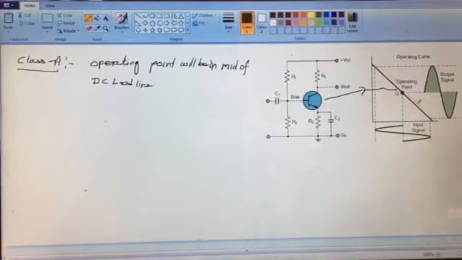See, this red line is representing our DC load line, and this point Q is the operating point.